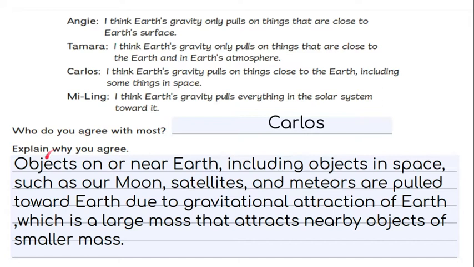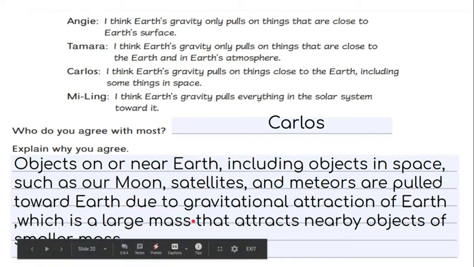It says objects on or near Earth, including objects in space, such as our moon, satellites, and meteors, are pulled toward Earth due to the gravitational attraction of Earth, which is a large mass that attracts nearby objects of smaller mass.